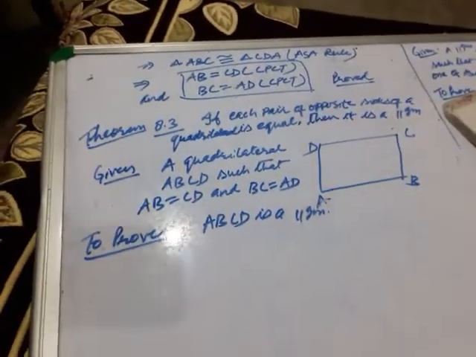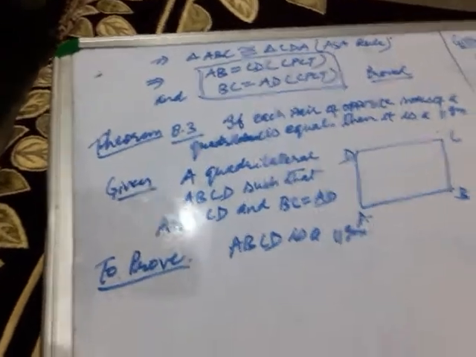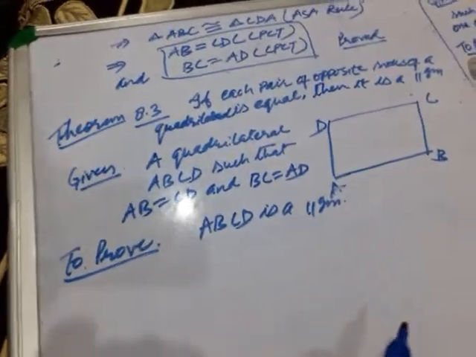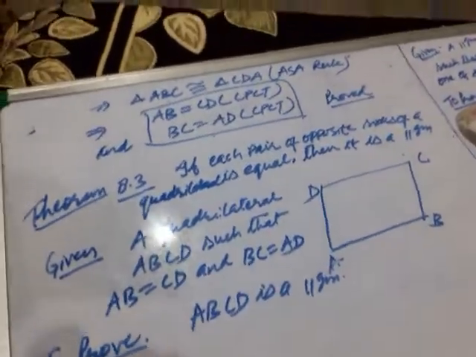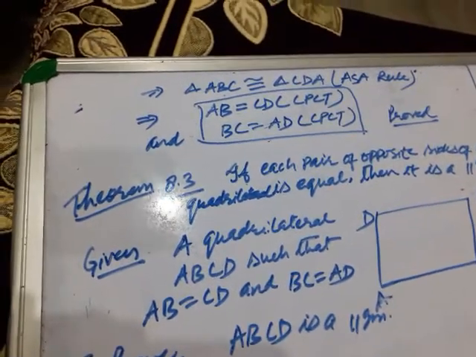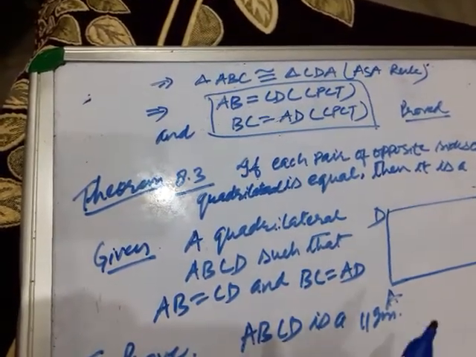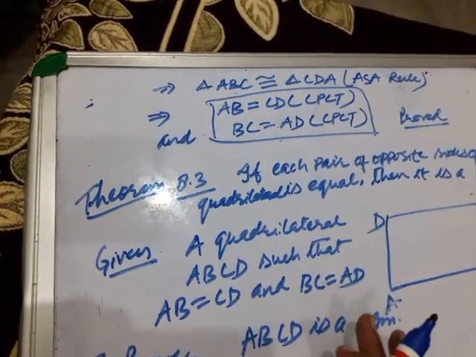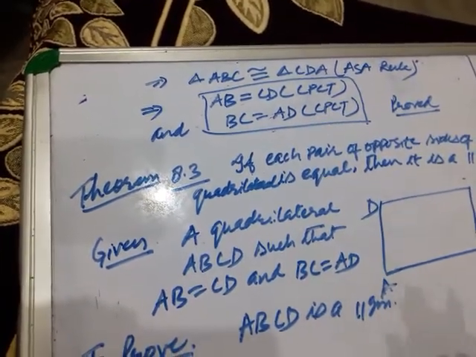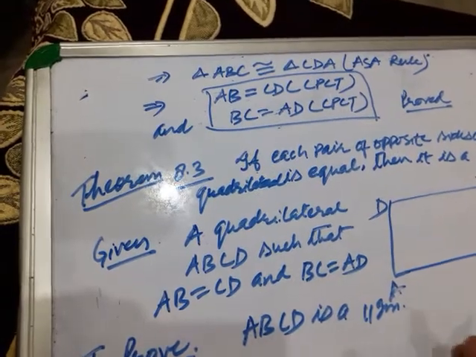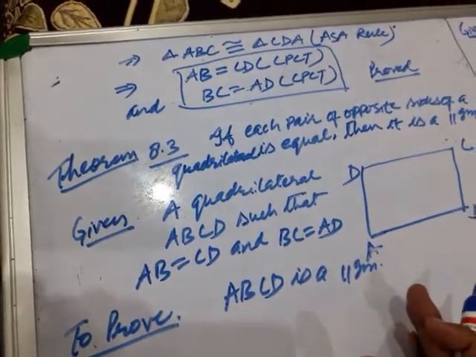For proving a quadrilateral a parallelogram, we have to prove that opposite sides are parallel. Clear? Till this stage, if we want to prove a quadrilateral to be a parallelogram, we have to prove that opposite sides are parallel.